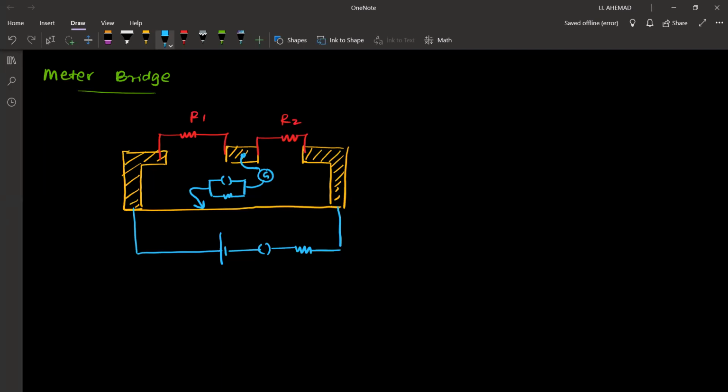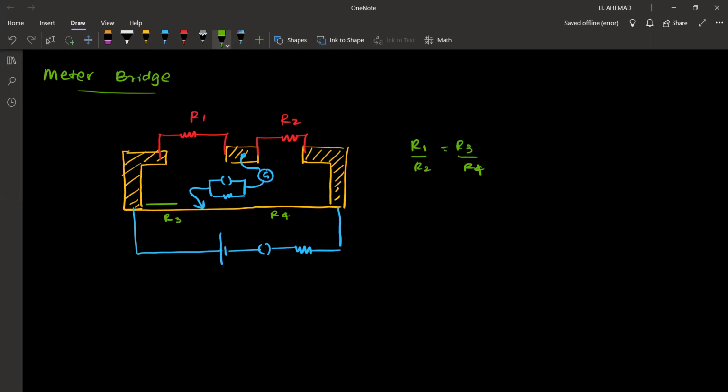Do you understand that this is similar to the Wheatstone bridge? Look, here you have two resistors. Here we have wire. So this wire is also a resistor. So this will have some resistance R3 and R4. When we slide this key, at some situation, these ratios will satisfy: R1 over R2 equals R3 over R4, right?